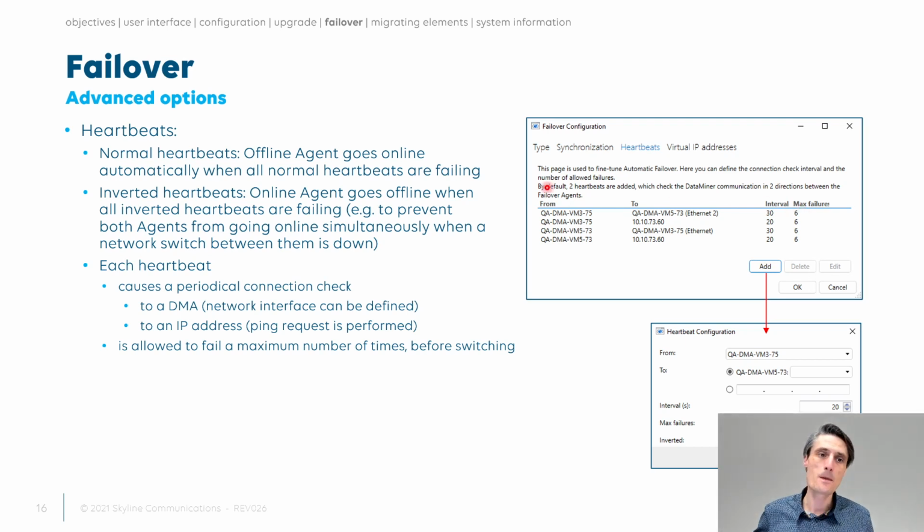It is, although, highly recommended to add inverted heartbeats. What's an inverted heartbeat? Well, there is a possibility if I have 2 DataMiner agents and they are basically on 2 different sites. Let's assume they are on 2 different sites, and this one is doing the job and the other one is not doing the job.